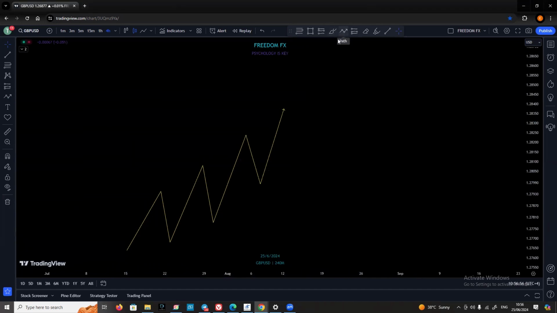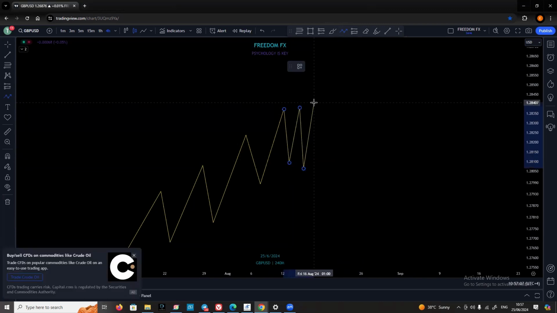In a consolidating market, this is what you want to be seeing. You see something like this, price keeps on moving in a sideways manner within a particular area.